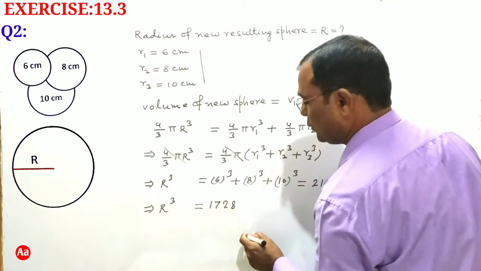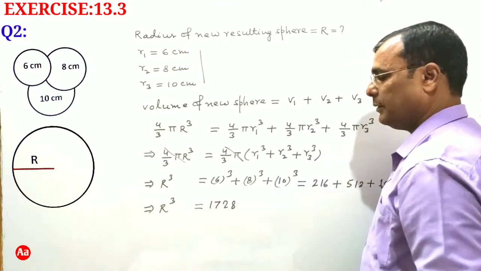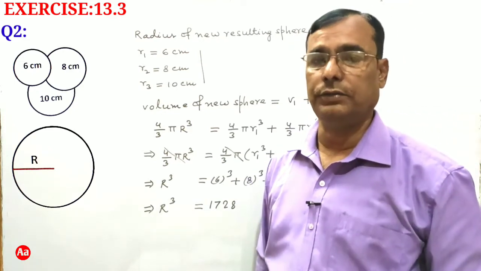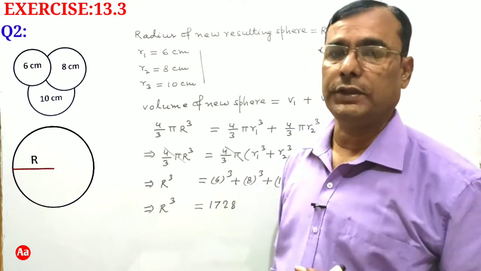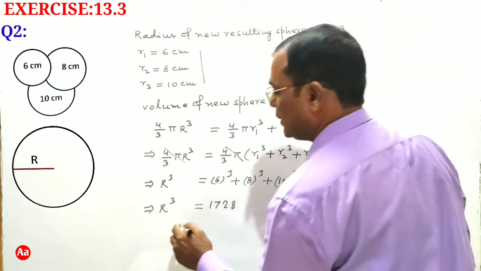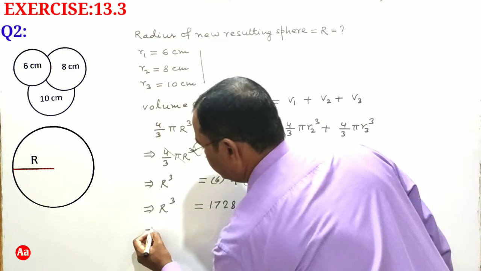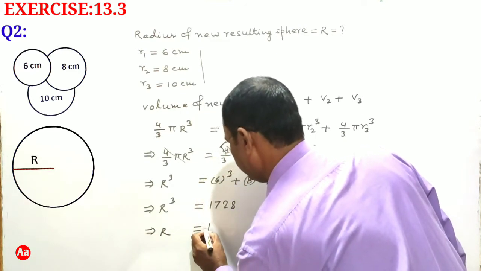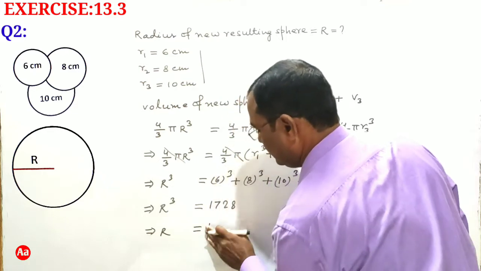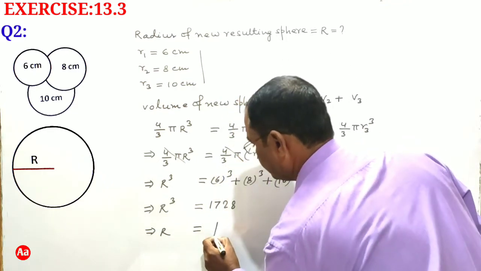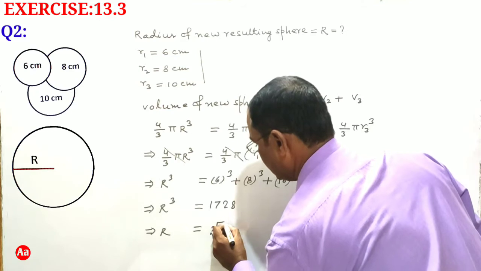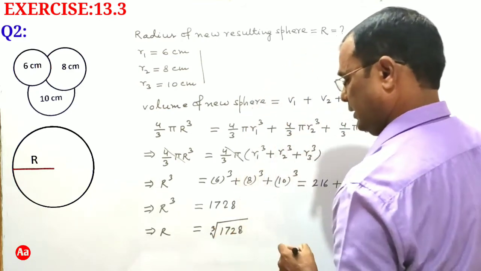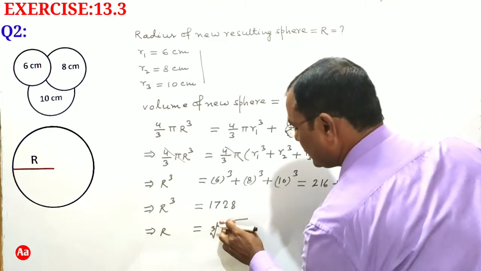R cube is equal to 1728. Therefore, R is equal to cube root of 1728.